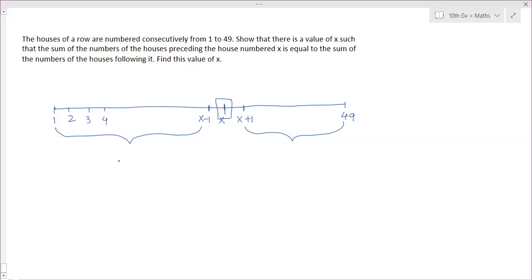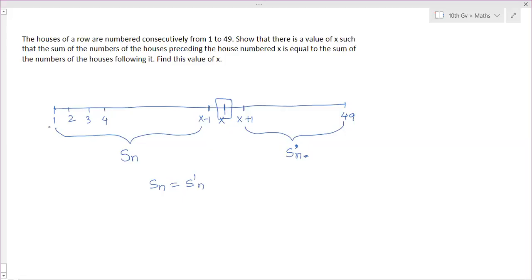Meaning of the question clear? So we will consider this as Sn, and this we will consider as S dash n. So we have Sn is equal to S dash n. This is the information we have been given.